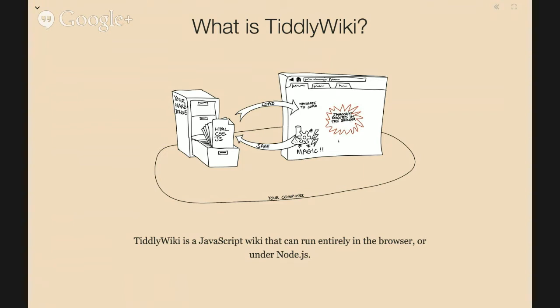When it comes time to save the file, magic happens and the save goes back to the file system. Now, this audience was an experienced software developer group, so it was trying to highlight the thing that's unusual about TiddlyWiki, and of course the subtitle almost contradicts the diagram by mentioning not just the browser edition, but also the fact it runs under Node.js.